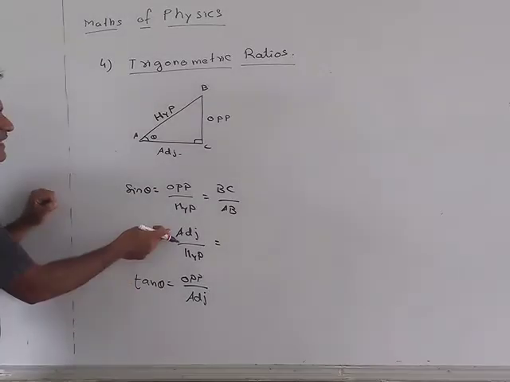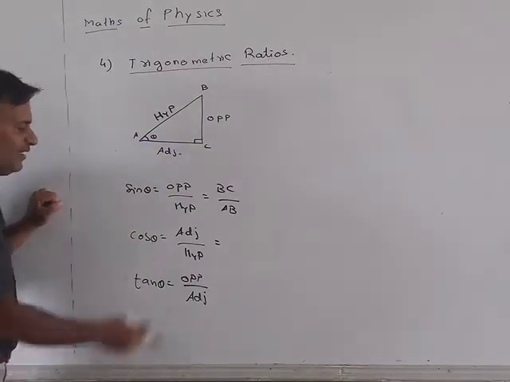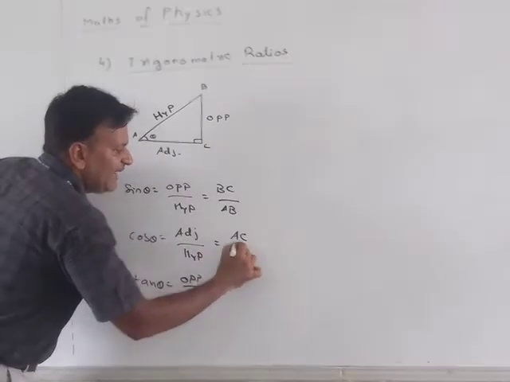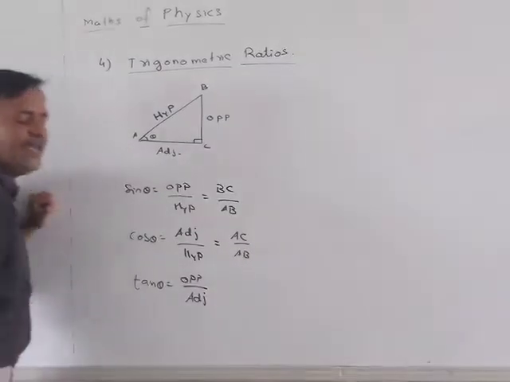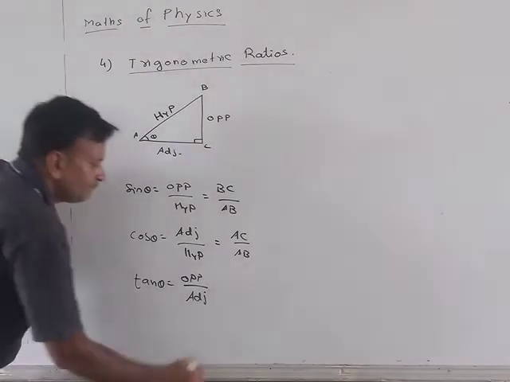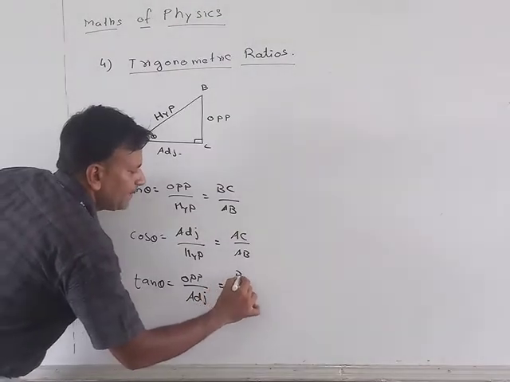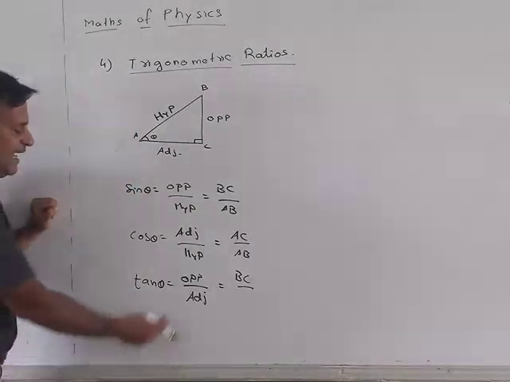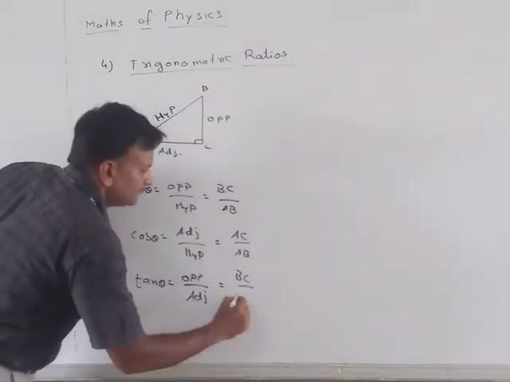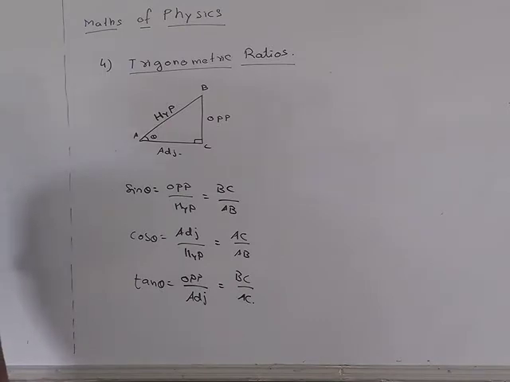Adjacent to angle. So what is the adjacent side? It is AC over AB. Like this. Tan theta. Opposite to angle, BC. Adjacent to angle, AC. That's it.